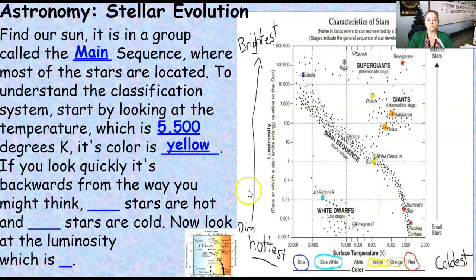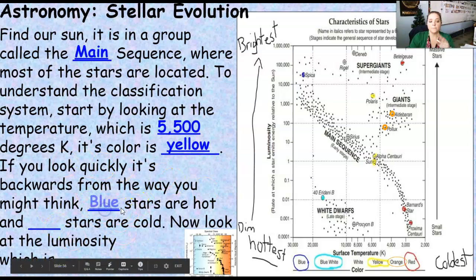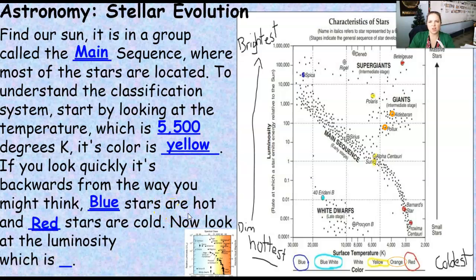Sorry about that. If you look quickly, it's backwards from the way you might think, temperature-wise. Because when you think hot, you might think blue stars are hot, and red stars are cold. Now, this is opposite from what you would see in like a sink, where blue is cold, red is hot.